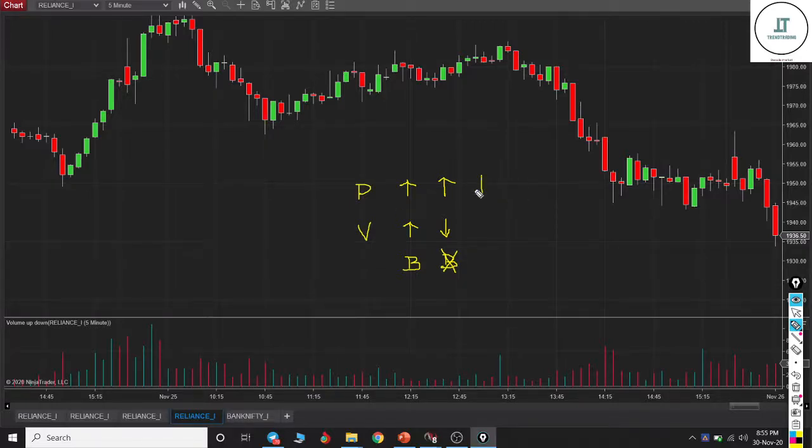Similarly, if price comes down and volume increases, that means strong sellers are showing more interest. And in the same way, if price decreases and volume also decreases, this tells us strong selling activity is not supporting the down move.